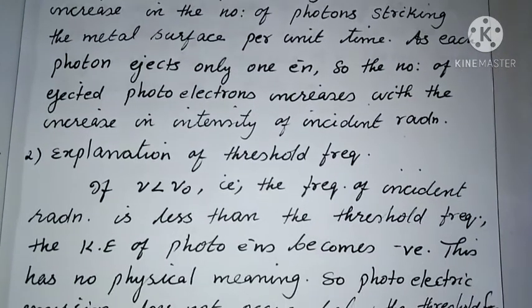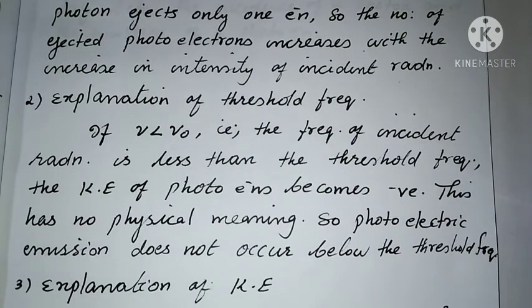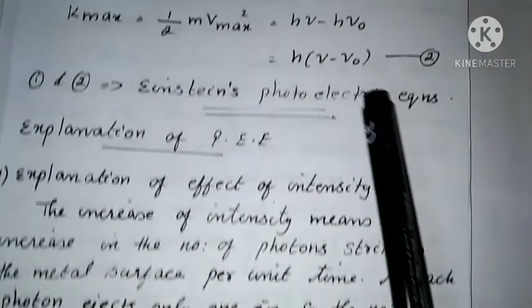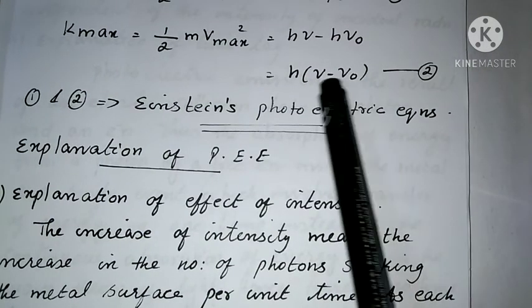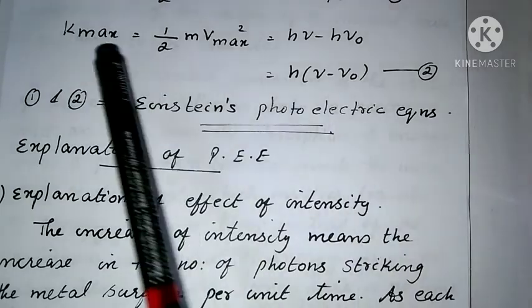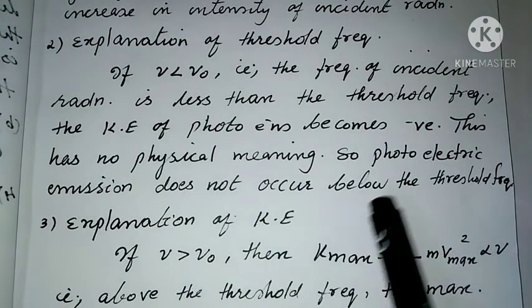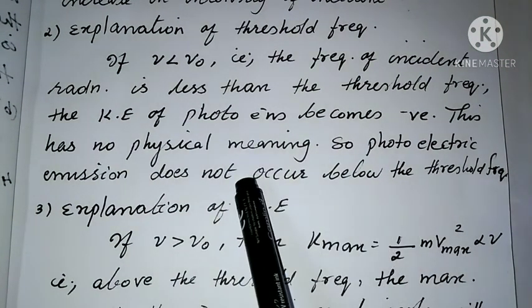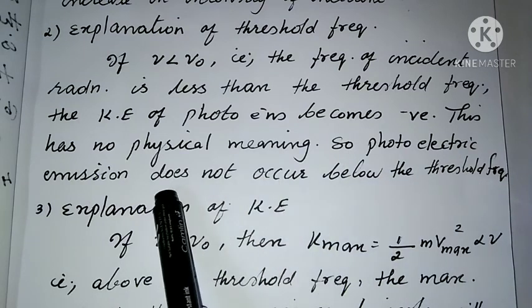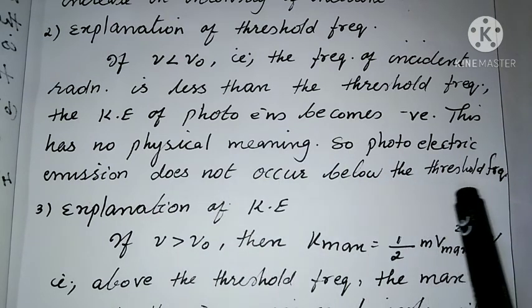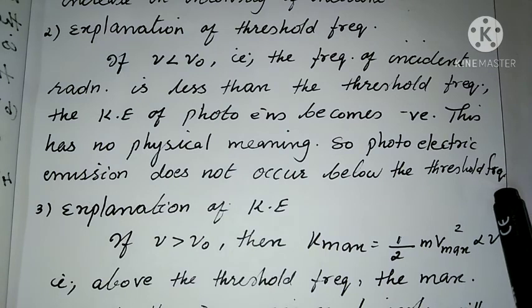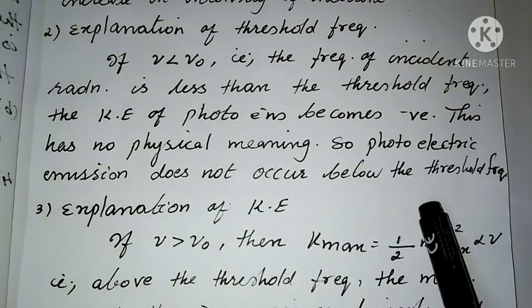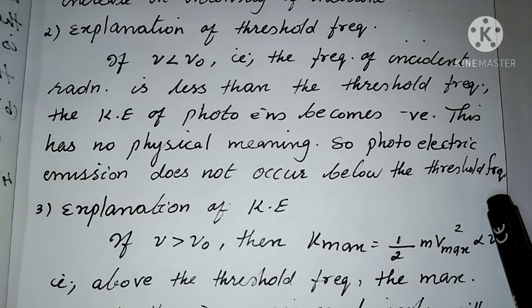Then the second point, explanation of threshold frequency. In the above equation, if nu is less than nu 0, the kinetic energy becomes negative. Negative kinetic energy has no physical meaning, so photoelectric emission does not occur below the threshold frequency.